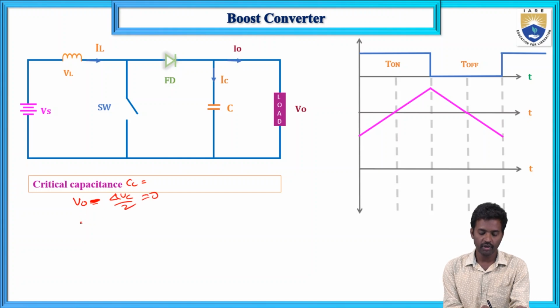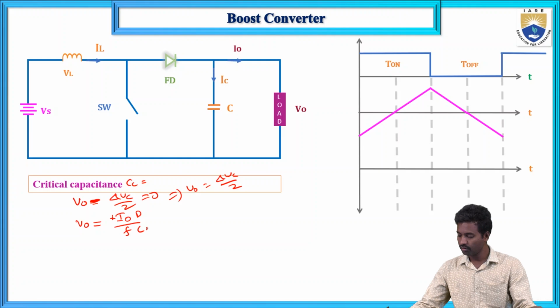And now V naught equals del Vc formula equals minus I naught. So now you write V naught is equal to del Vc by 2, plus I naught into D by F into C. So this is the formula.